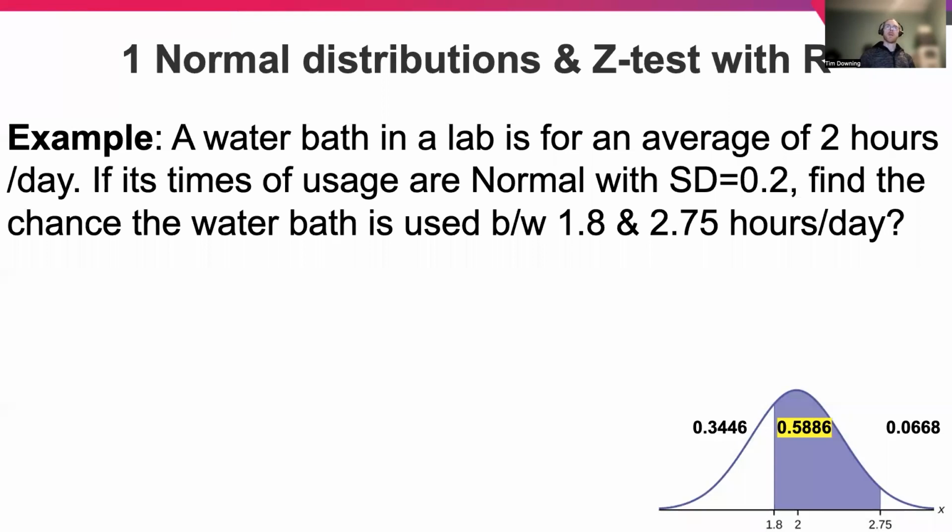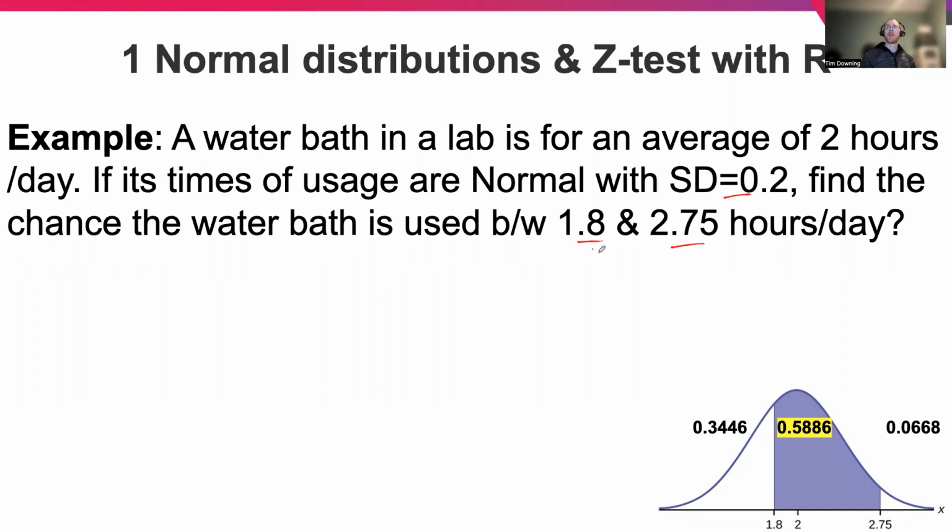Okay, so we can look at another example where we have a water bath in a lab. And here the water bath is being used for an average of 2 hours per day. And if we have a standard deviation then of 0.2, what's the chance the water bath is being used between 1.8 and 2.75 hours a day?